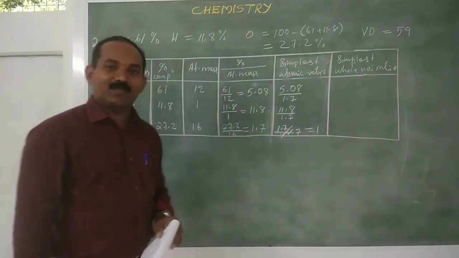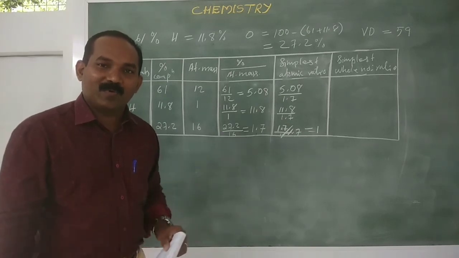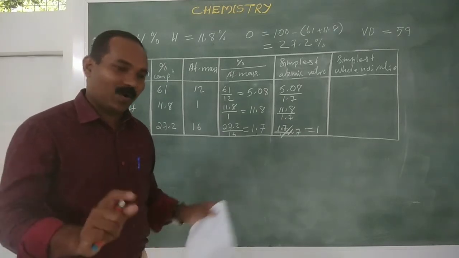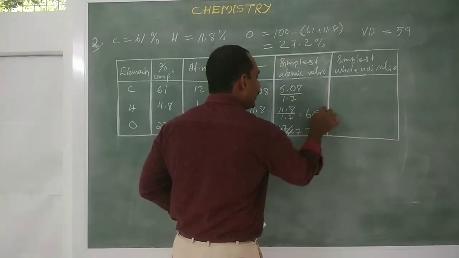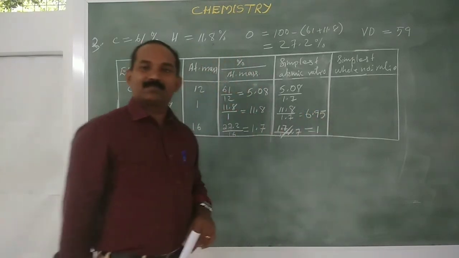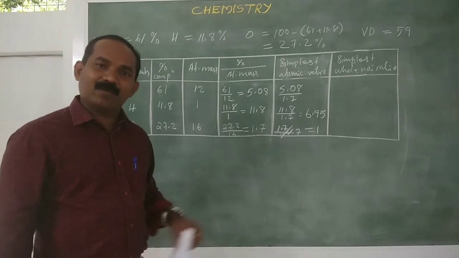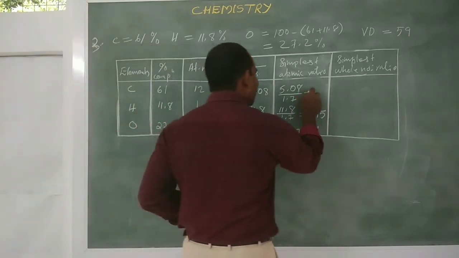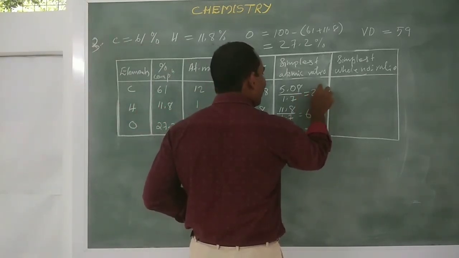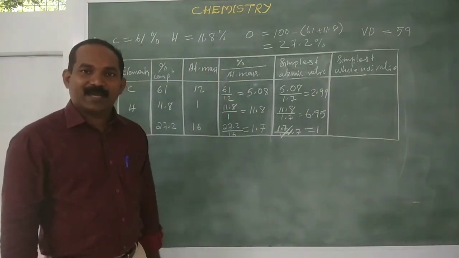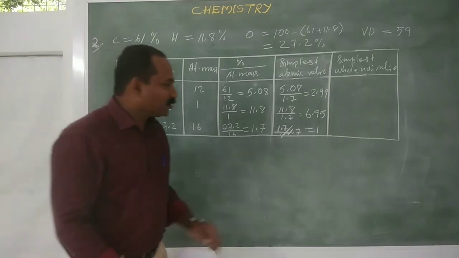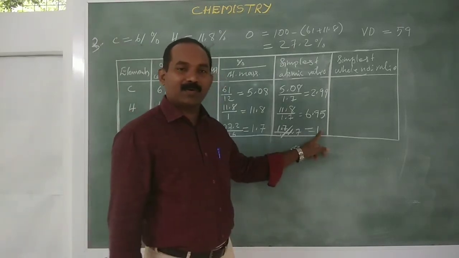First, 1.7 divided by 1.7 is 1. Next we get 2.99, and this one is 6.95 or 6.94, no problem. So here only one is a whole number, 1.